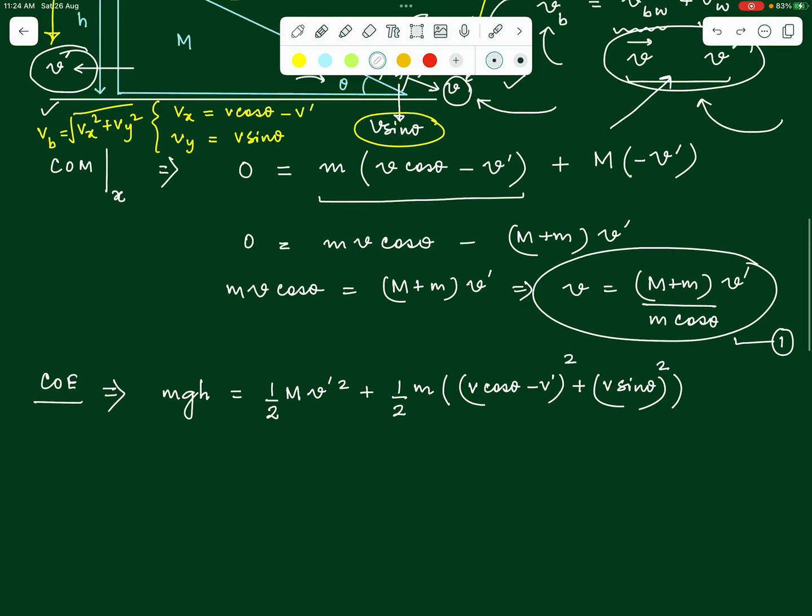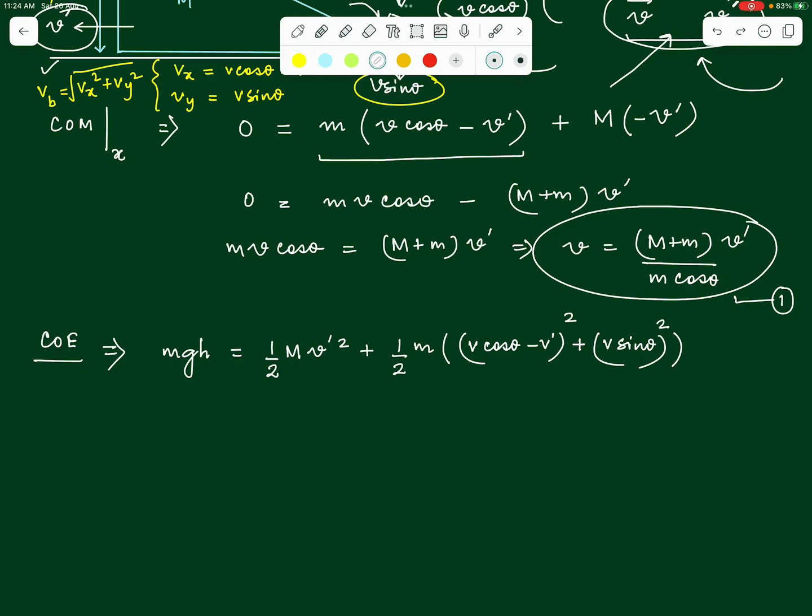So, this is what we will be left with. We can simplify this a little if we want to. We can just open up this bracket and get v squared cos squared theta plus v dash squared minus 2 v dash v cos theta, and then this expression along with this will give us plus v squared sin squared theta.